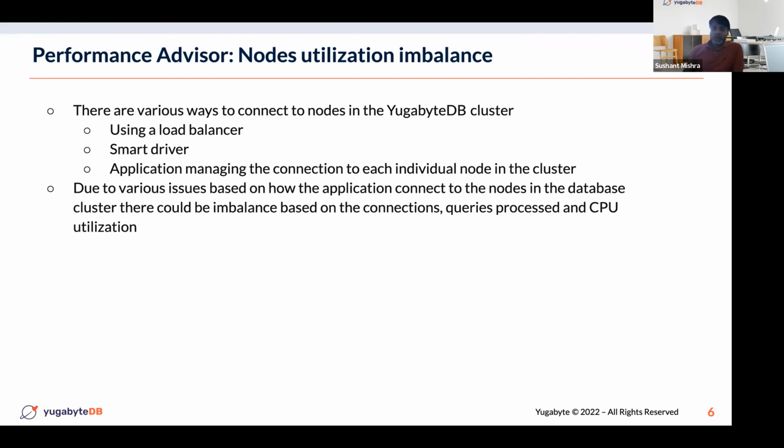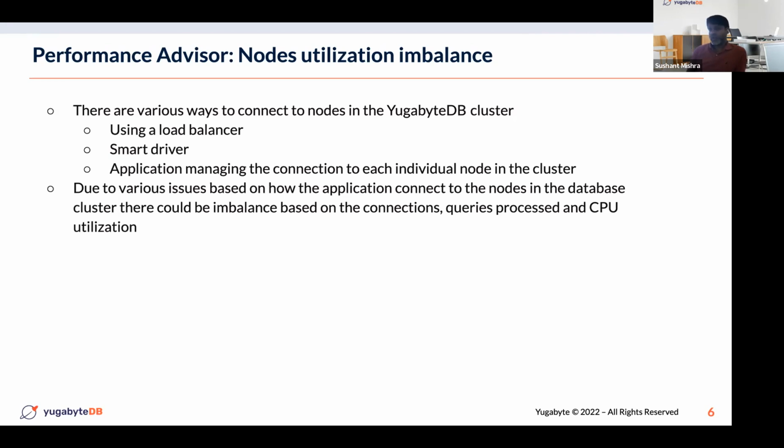Now, in this pipeline, multiple issues may happen, which can cause skew in the number of connections, the query processing, or the CPU utilization across different nodes. For example, if we have a 3-node cluster, there could be a possibility that one node is processing a higher number of queries or taking a higher number of connections than the other nodes in the cluster.